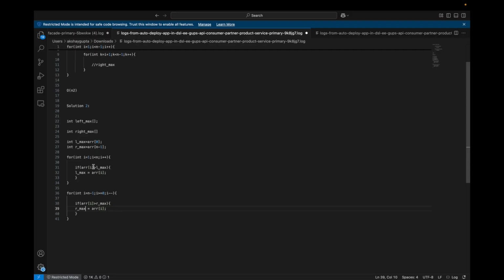I will store this right max and left max in arrays.